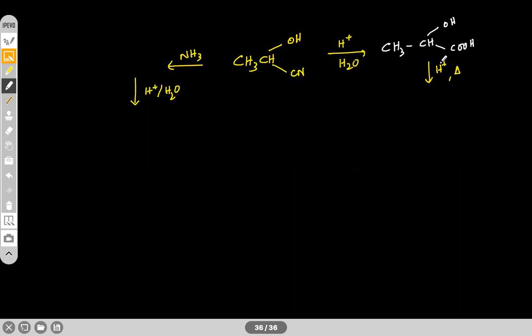When you heat this in presence of an acid, then we get CH2 double bond CHCOOH. Right, it gets protonated, H2O goes out, we'll get a positive charge here. And then from this alpha carbon, H plus comes out to maintain the concentration of acid. We'll get a double bond here.